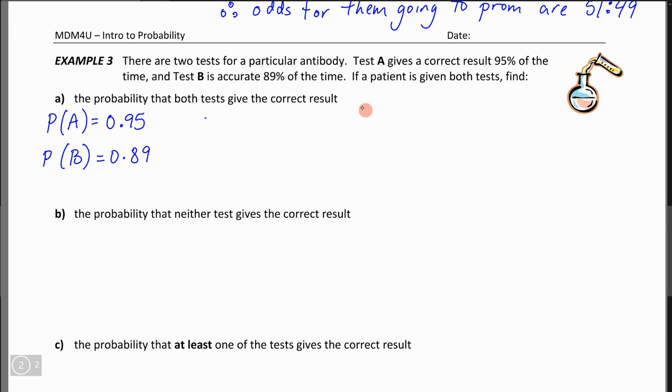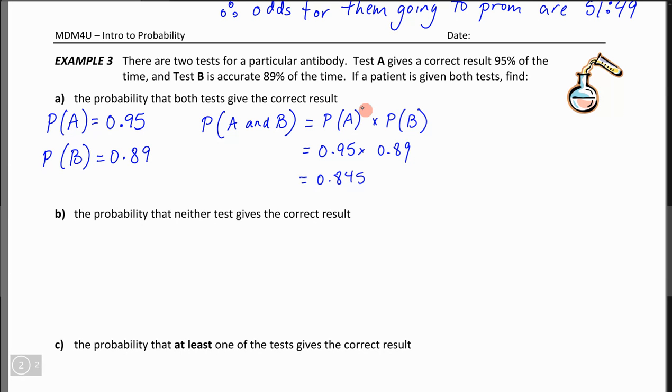He's going to be given both tests, so I'm looking for the probability of A and B, the probability that he will get a correct result either way. That's the probability of A times the probability of B. I'm going to multiply 0.95 times 0.89, and that gives me 0.8455, or as a percentage, 84.6%.